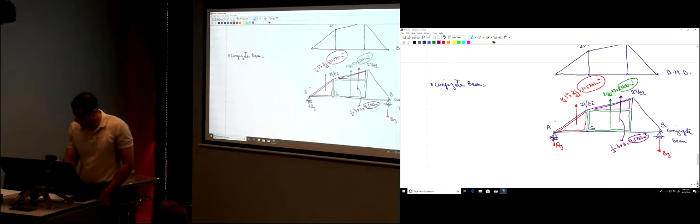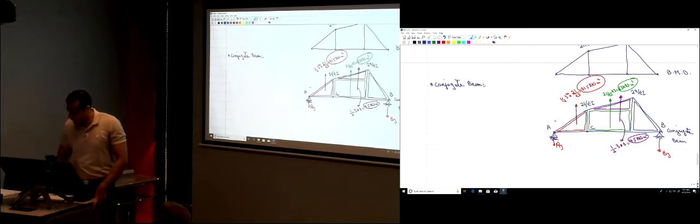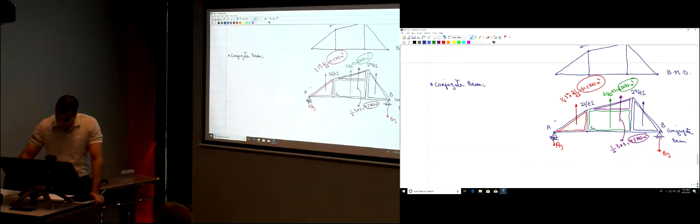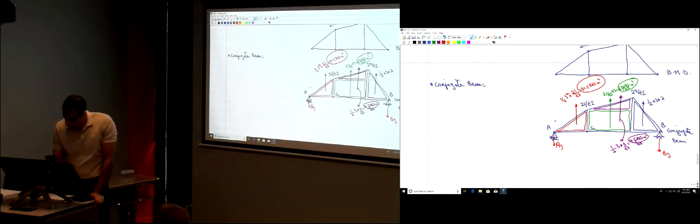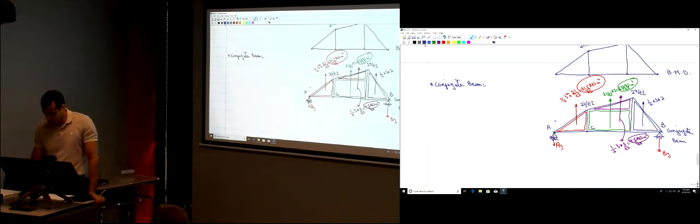And then we're going to have this triangular load here. It's upwards, 1/2 the base, which is 3, times the height, which is 24, divided by EI.